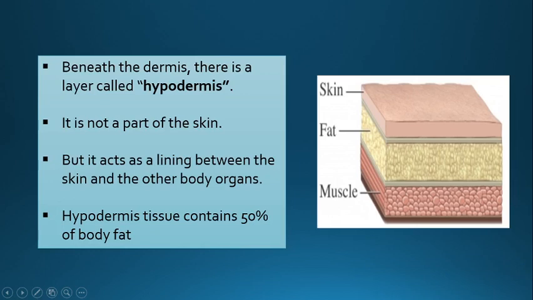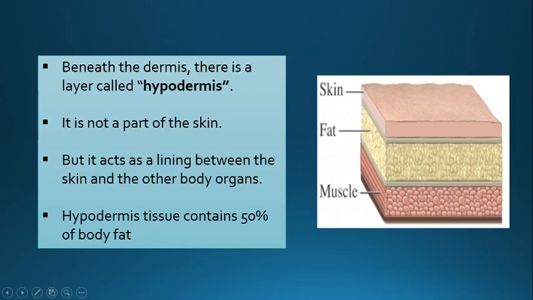Okay, now you know the details about the dermis and the epidermis. There is another layer called the hypodermis. It is not a part of the skin, but it is important, so we have to discuss the hypodermis too. Beneath the dermis, there is a fat layer. This fat layer we call the hypodermis.